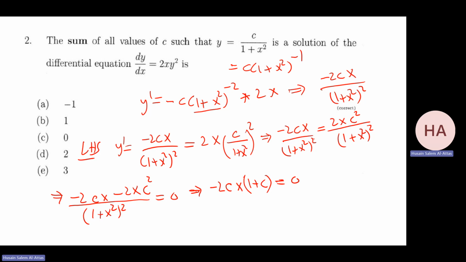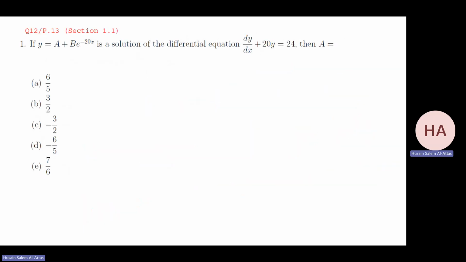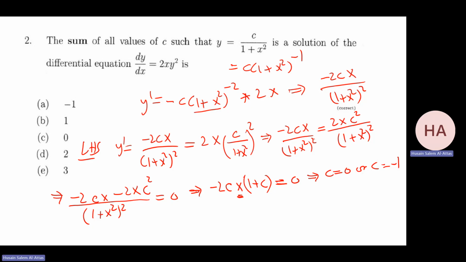Since this is for any x, x cannot be 0. So I have only c equals 0 or c equals minus 1. So what will be the sum? The sum will be equal to minus 1. And this is the answer.